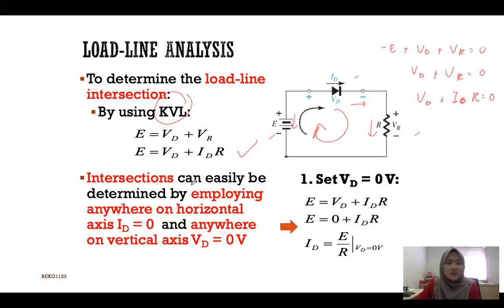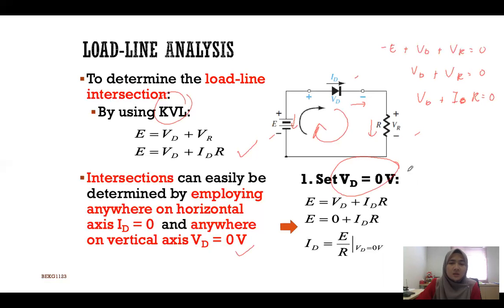The intersection can easily be determined by employing, anywhere on the horizontal axis, ID equals 0, and anywhere on the vertical axis, VD equals 0. First, for example, we set VD equals 0.